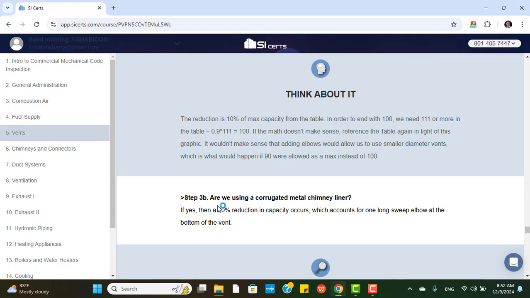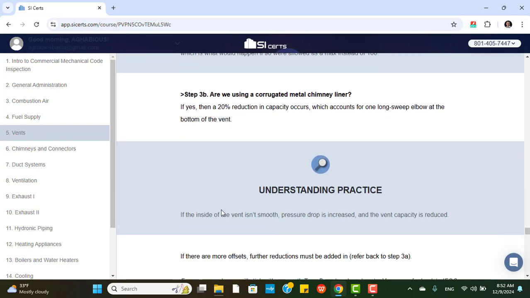Moving on to step 3b, are we using a corrugated metal chimney liner? If yes, then a 20% reduction in capacity occurs, which accounts for one long sweep elbow at the bottom of the vent.